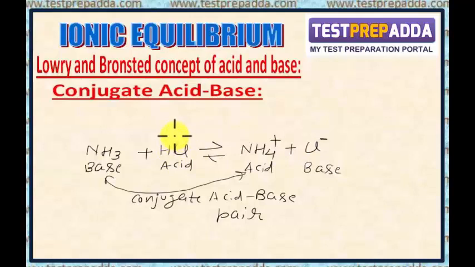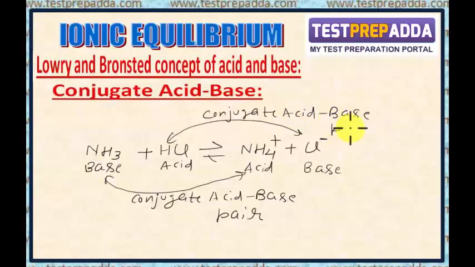That is why HCl is the parent acid of the Cl minus base, and HCl and Cl minus will be called a conjugate acid base pair. Okay, so now how do we define conjugate acid or conjugate base?